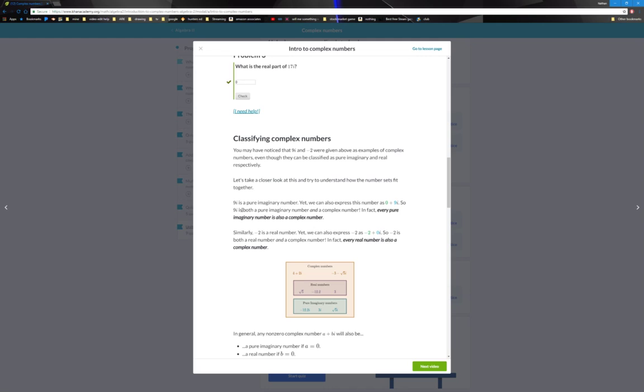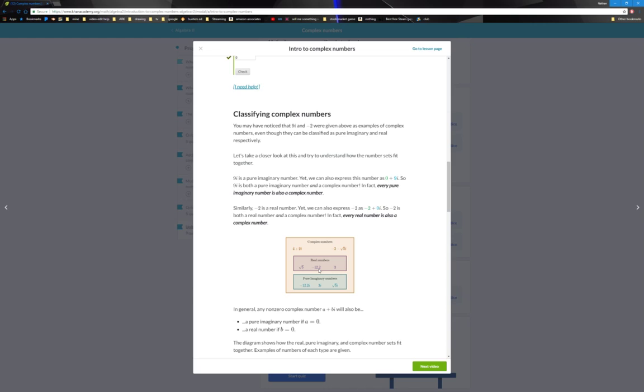So 9i is both a pure imaginary number and a complex number. In fact, every pure imaginary number is also a complex number. Similarly, negative 2 is a real number, yet we can express negative 2 as negative 2 plus 0i. So negative 2 is both a real number and a complex number. Also, every real number is also a complex number.